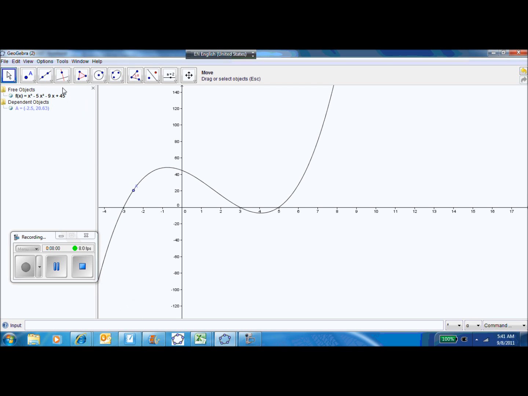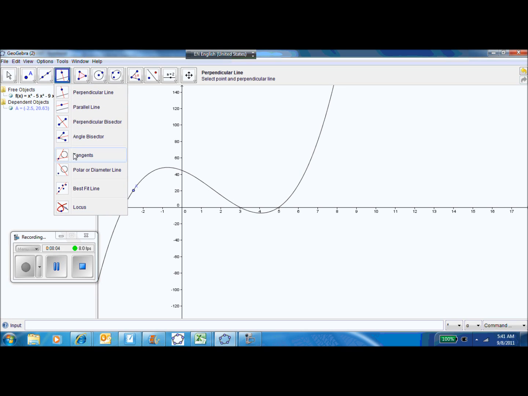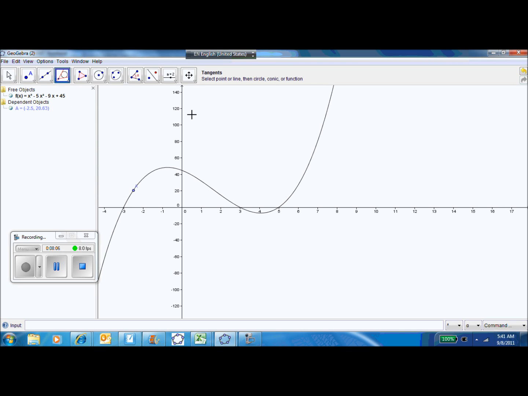What can help us in that is drawing a tangent line. So I make a tangent, select a point, and then select the function. And there's the tangent line to the function at that point. And as we move this point around now, you can see that the tangent line changes.